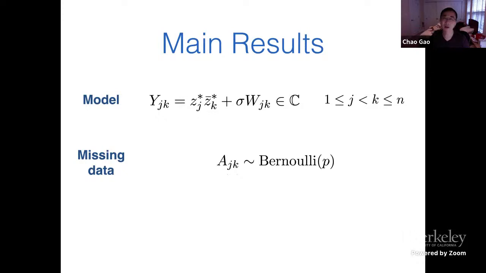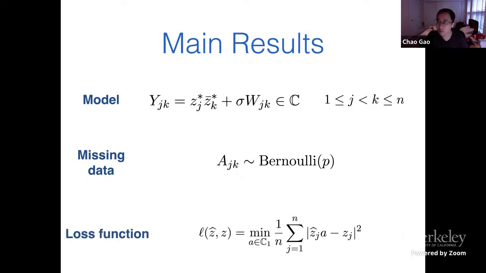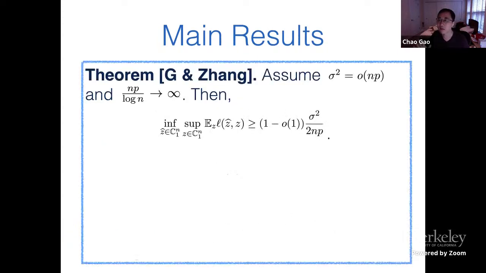If this happens, then you can observe Y_jk, the pairwise difference of the j-th angle and the k-th angle. Otherwise, if A_jk is 0, then you have missing data. So we allow some missing data by only assuming we have a partial set of the pairwise relations between the angles. And it's the same problem: we want to estimate the angles z_1 through z_n under this loss function.